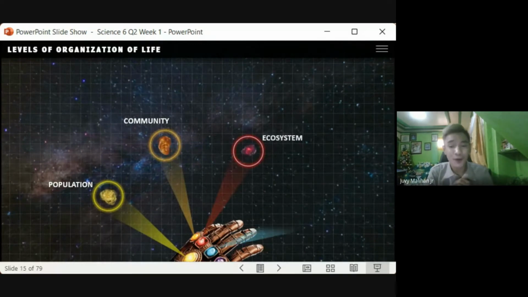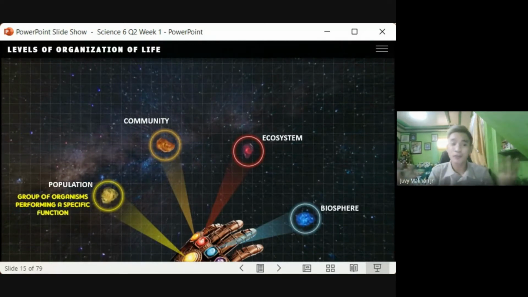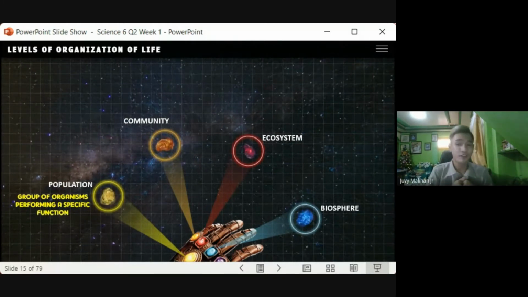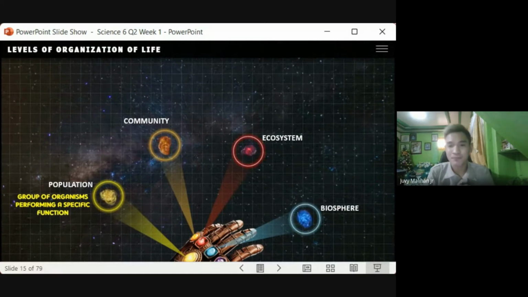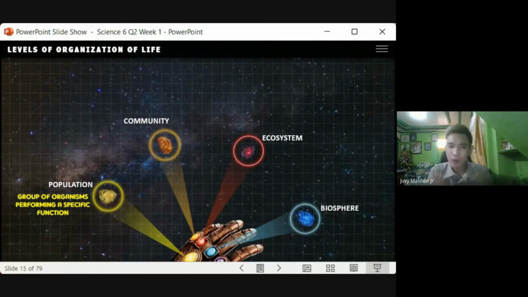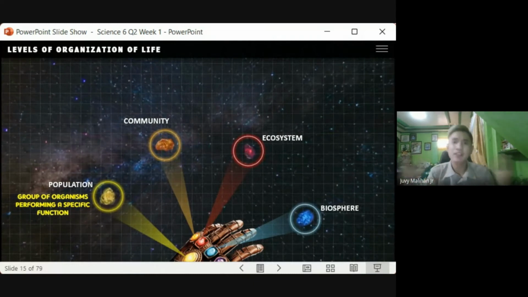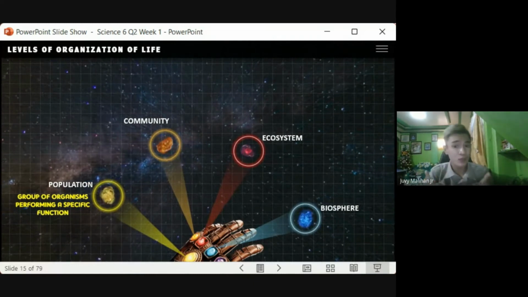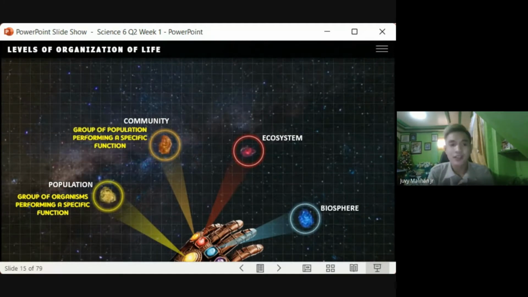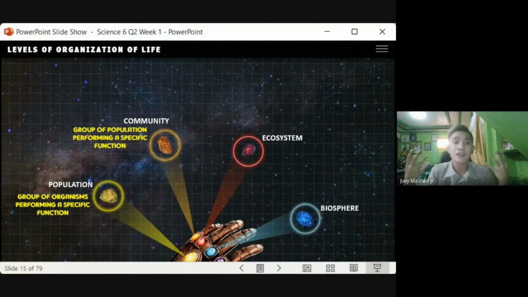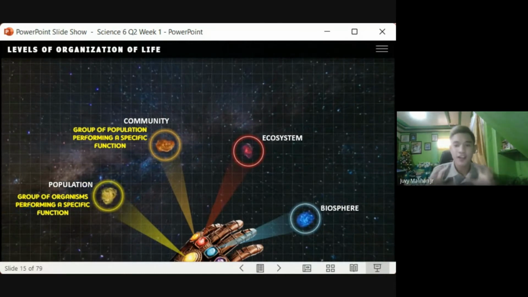It will form a population. So a group of organisms performing a specific function, that is a population. Now, when this population is grouped together and performs a specific function, what will it form? It will form a community. So again, a community is a group of populations performing a specific function.